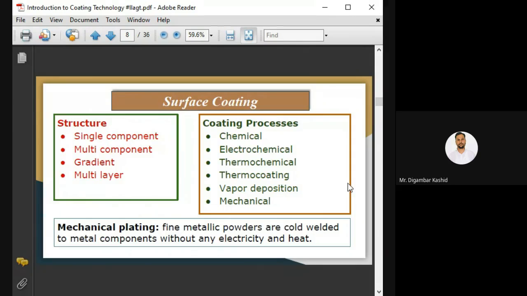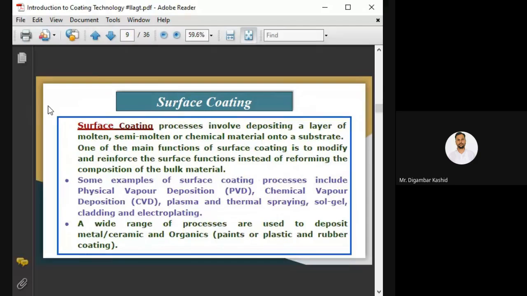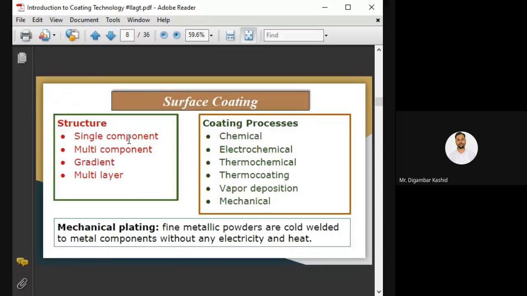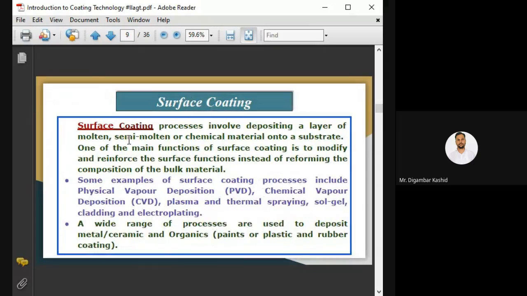Now come to surface coating again. In general, I can say surface coating processes involve depositing a layer of molten or semi-molten or chemical material onto the surface of an object. It is called the substrate.